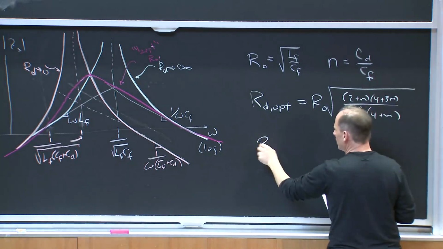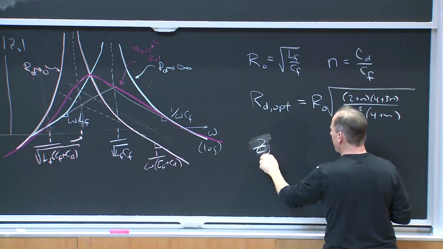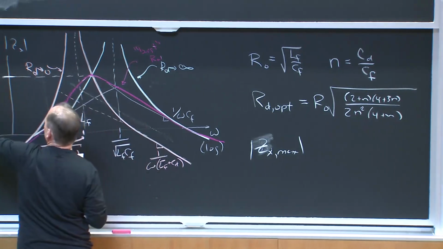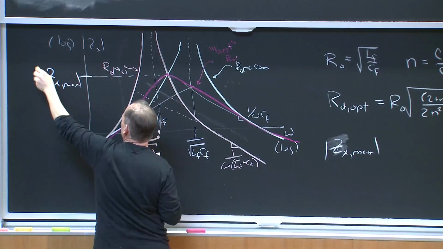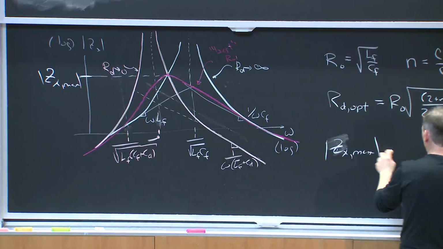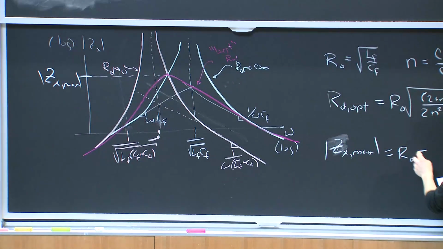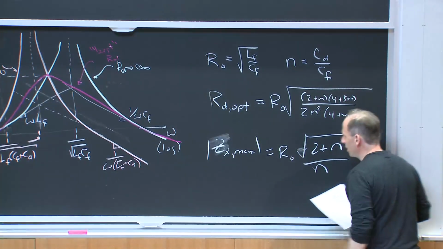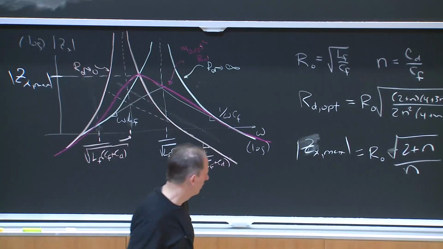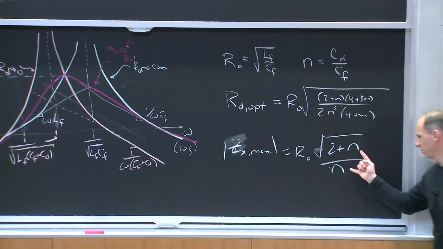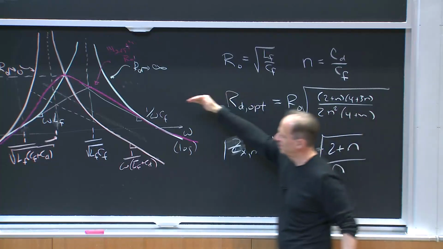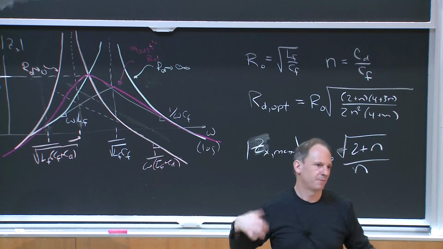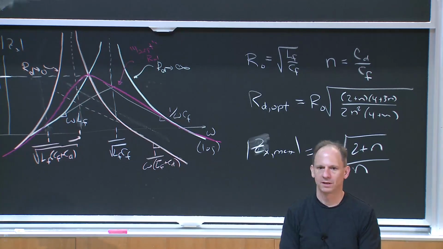And this gives a ZX max, if I call this ZX max, a value equal to R naught times the square root of (2 plus n) over n. So that means the bigger I choose n, this goes down and my peak output impedance of the filter goes down, and I get essentially better damping. Okay, Larry?